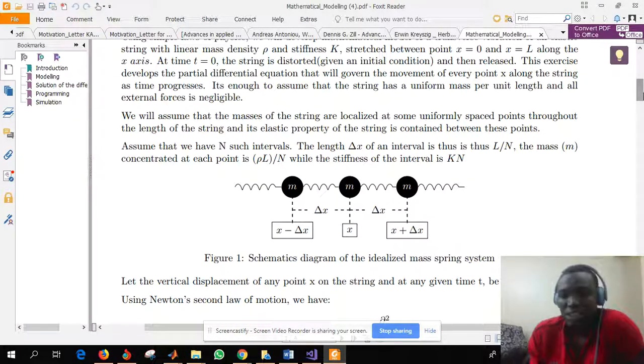Then the length of the interval between any two points where the masses are concentrated will be the length divided by n. But for the stiffness, we have to be a little bit careful because now we have strings arranged in series. Strings arranged in series behave like a system of resistors in parallel.